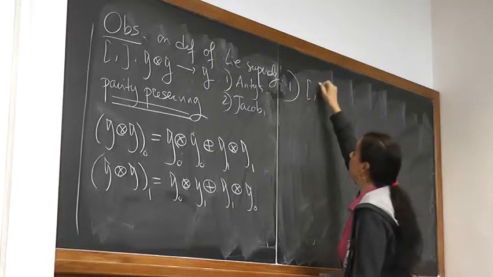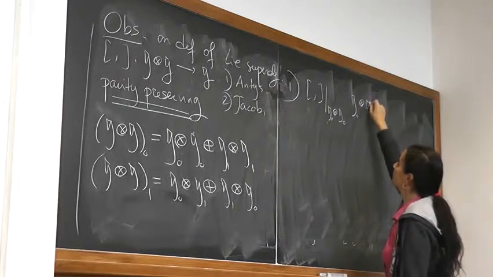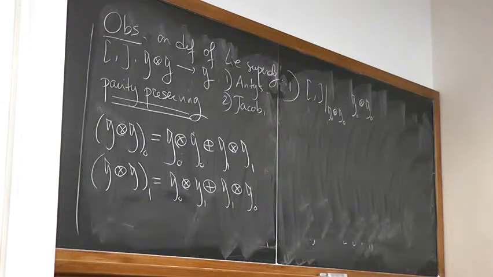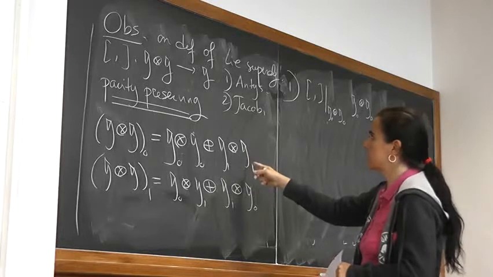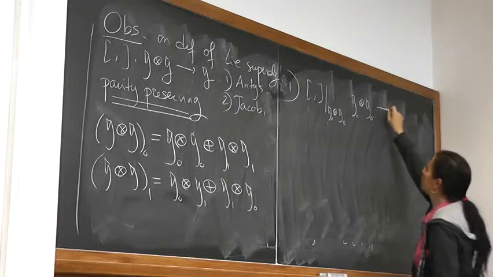Because the bracket, when you restrict to G0 times G0, is forced to send this... The bracket goes from G tensor G to G. So this goes to G0.